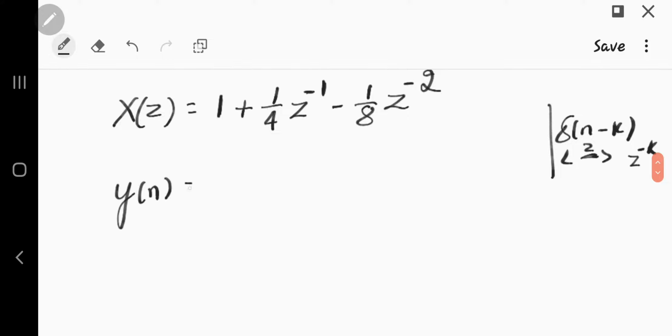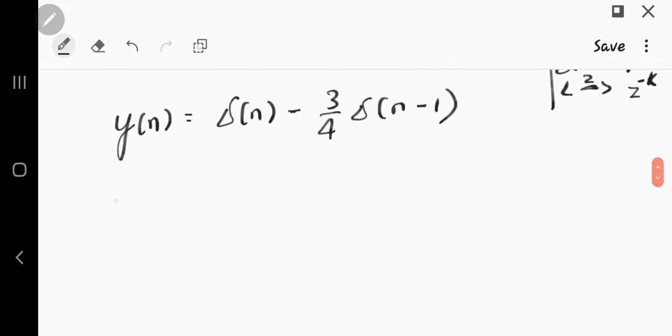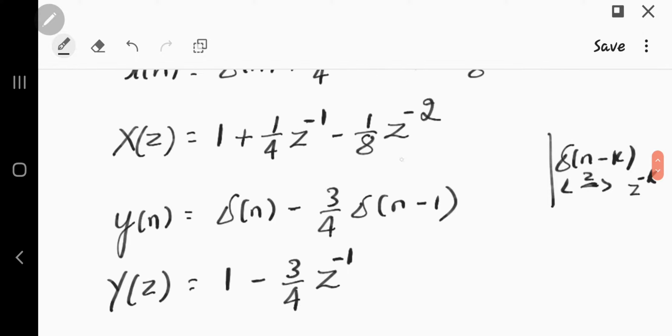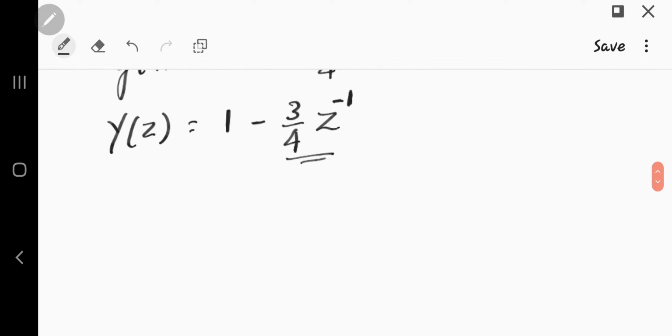And y of n is given as delta n minus 3 by 4 delta n minus 1. If you take the z transform, y of z is equal to 1, the z transform of delta n, minus 3 by 4 times the z transform of delta n minus 1, which is z to the power of minus 1, since k is 1. Now we have found x of z and y of z, and we have to express this as a transfer function.